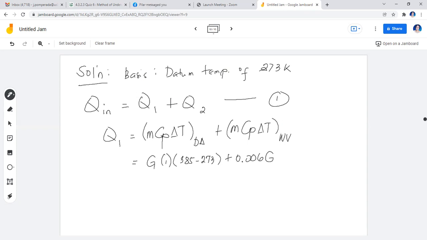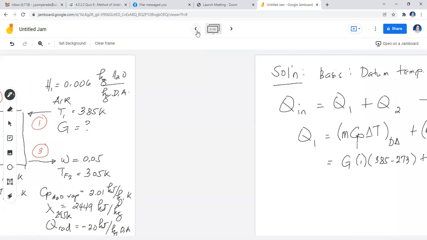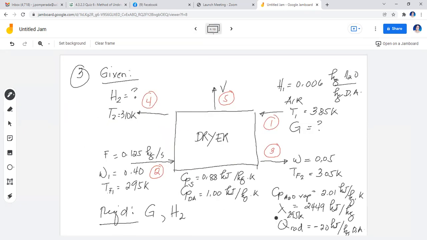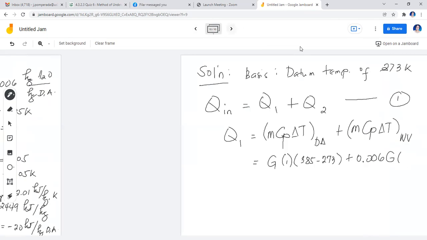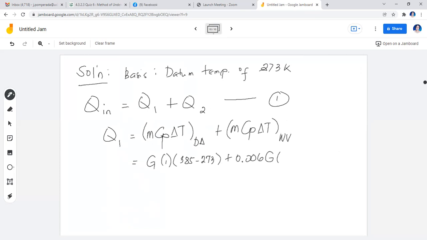Okay? The Cp of your water vapor, what is the Cp of the water vapor? 2.01. And what's the delta T for this water vapor? That would be the same as this one because they are at the same temperature. So you have 385 minus 273.